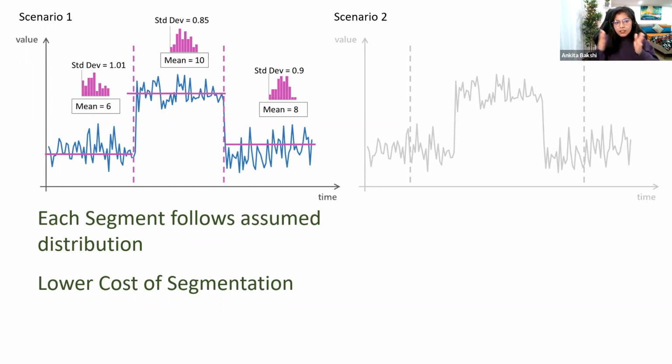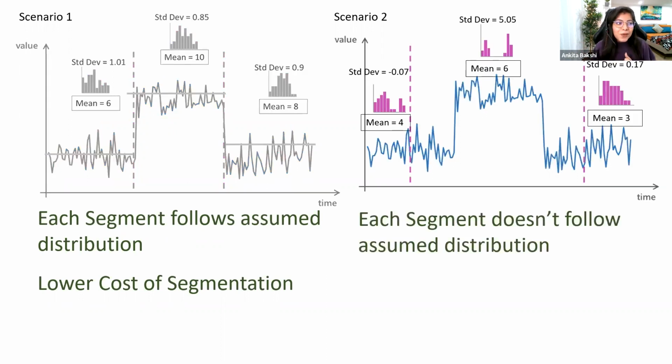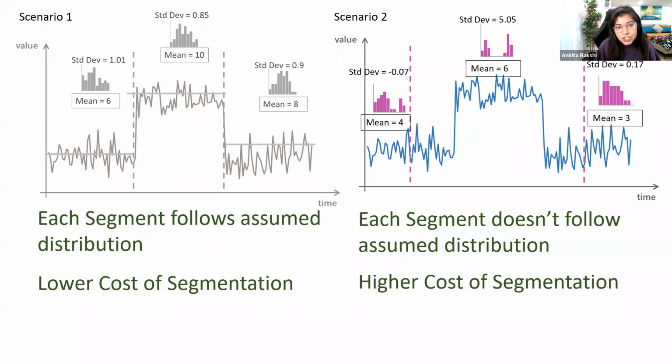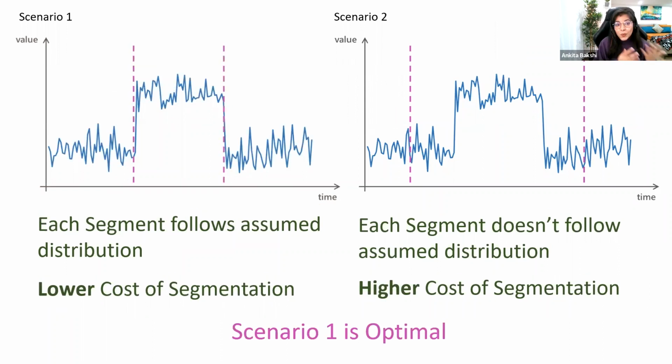On the other hand, when we split it in awkward places, we'll see that the standard deviations are very different, and the second segment doesn't even have a normal distribution. So when you split it this way, there's a higher cost of segmentation because it's not following the assumptions of the distribution. So when we compare these two, scenario one is more optimal.